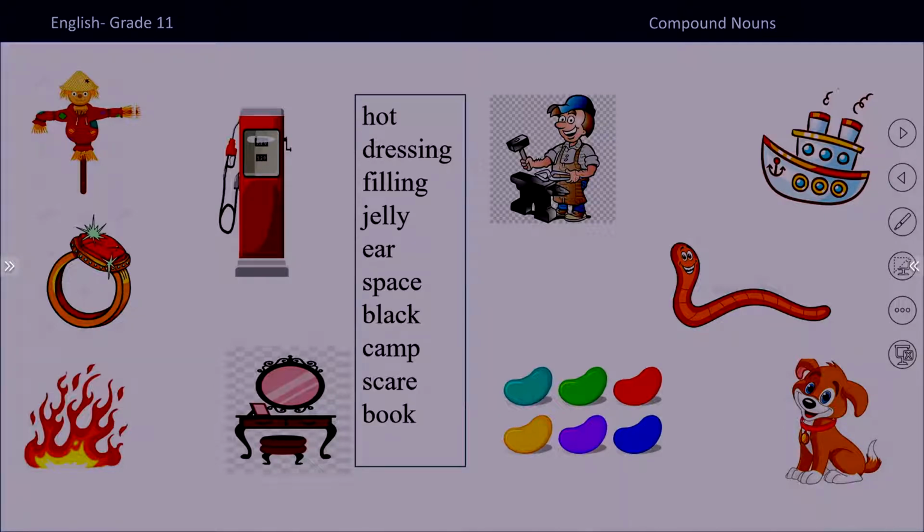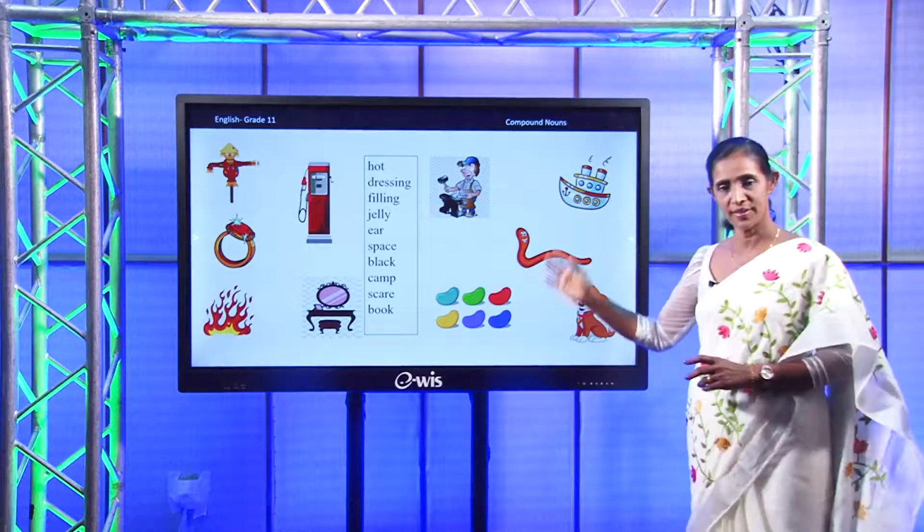Look at the words in the box. The first one, hot. The second word is dressing. Third one, filling. Next, jelly, ear, space, black, camp, scare, and book.